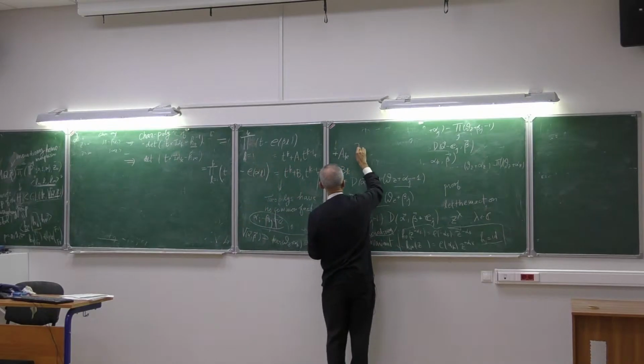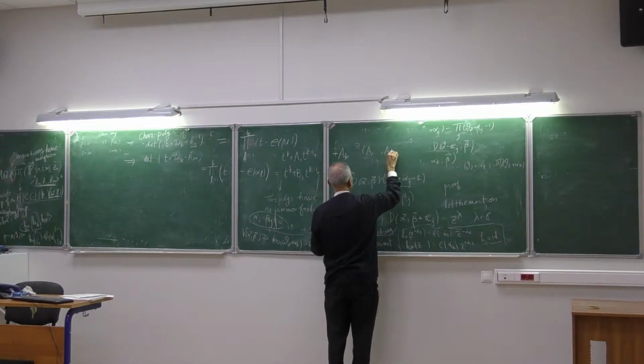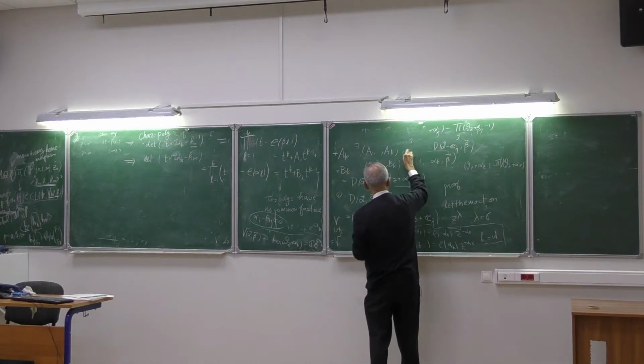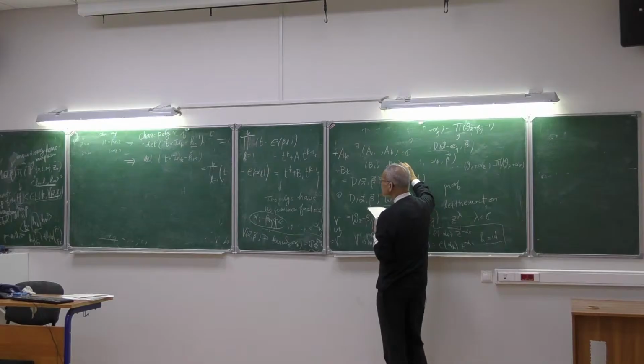So there exist a's and b's, in general complex numbers.